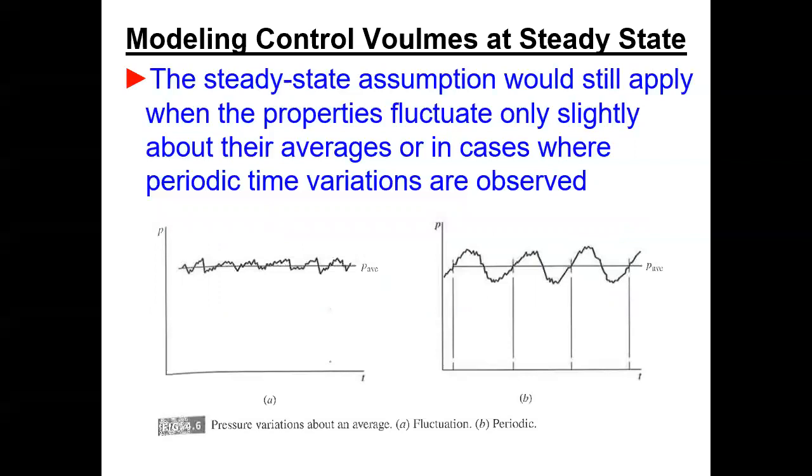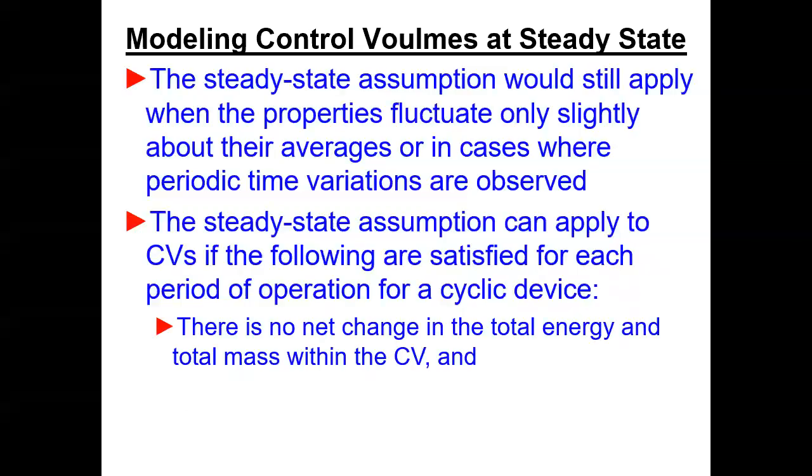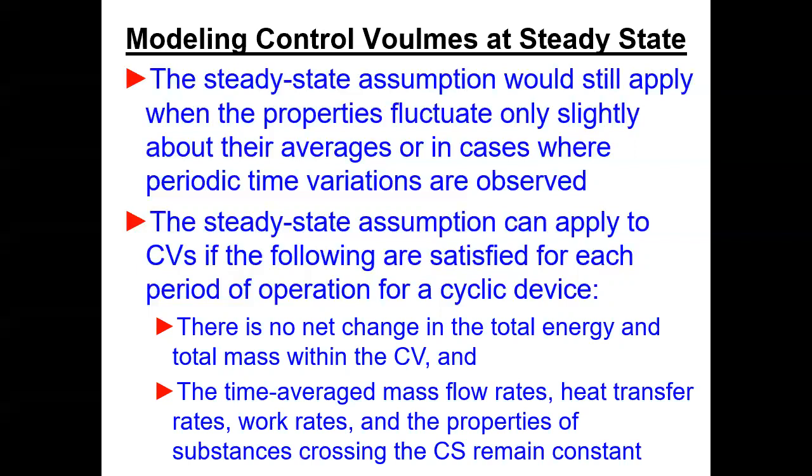So that could well apply to condition B over here. There's no net change in the total energy and total mass within the control volume, and the time average mass flow rates, heat transfer rates, work rates, and the properties of substances crossing the control surface remain constant.